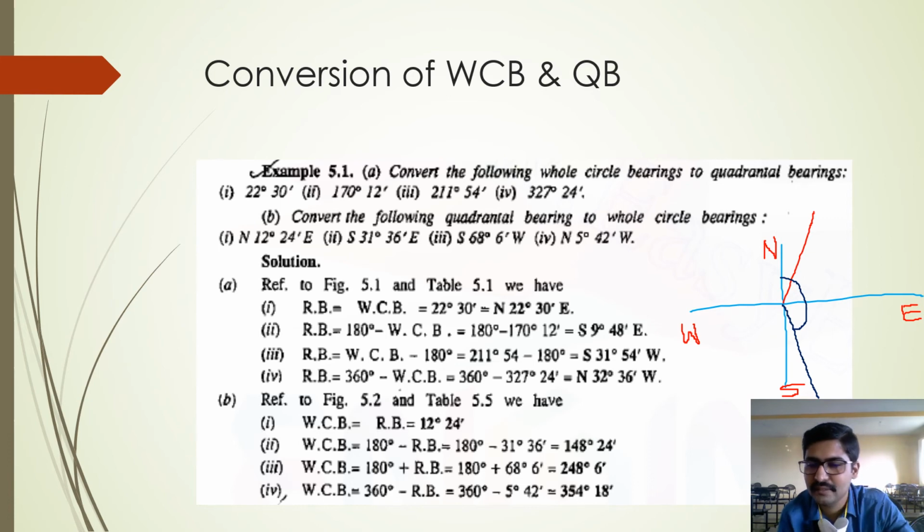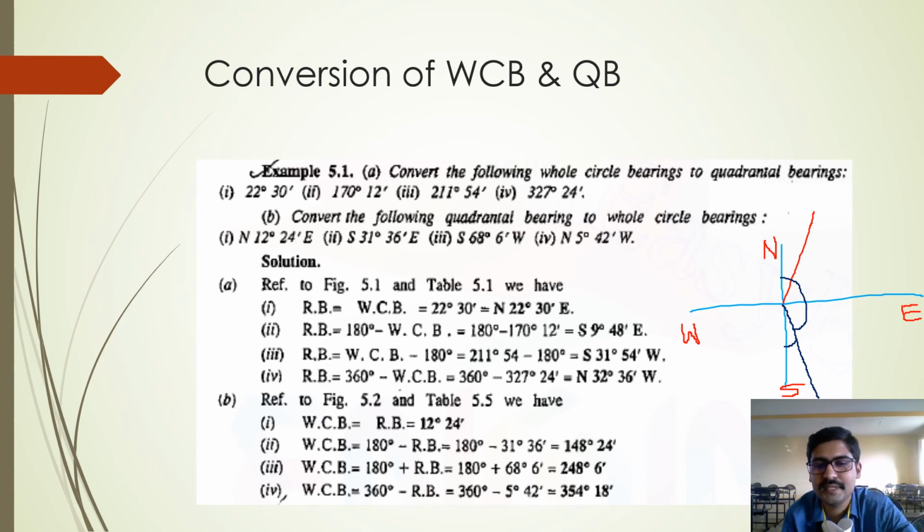So the angle made by the line and south is 9 degrees 48 minutes, and the quadrantal bearing of that line will be south 9 degrees 48 minutes east, right?